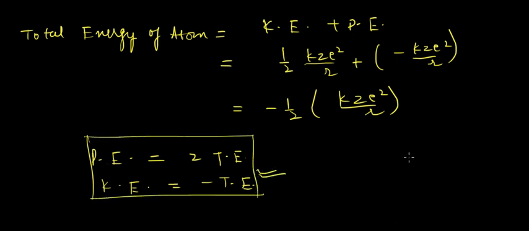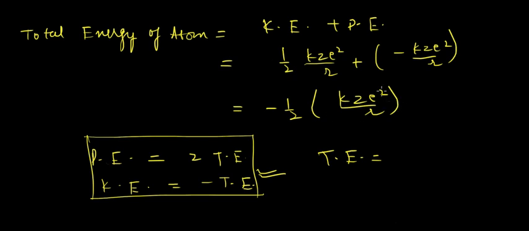With this we come to an end of this lecture. In the next lecture we'll be talking about total energy with respect to the hydrogen atom. Before ending, let me write the total energy.